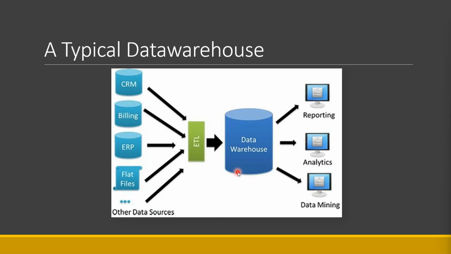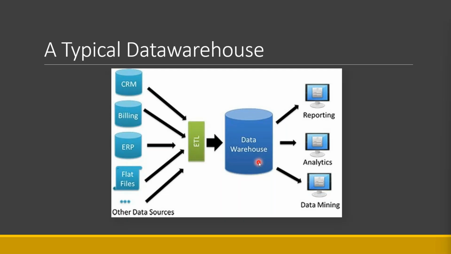What are the different steps in ETL actually? When it comes to testing, the source layer is one layer where we have to do the testing. Then comes the transformation layer, and then the data warehouse layer.